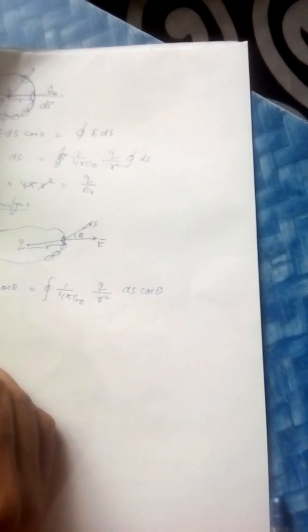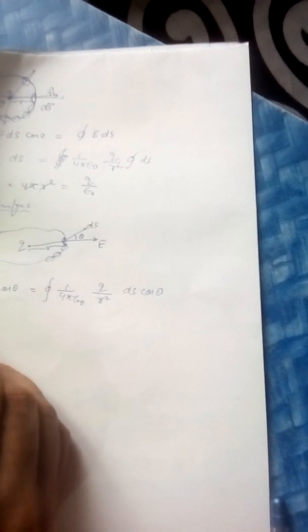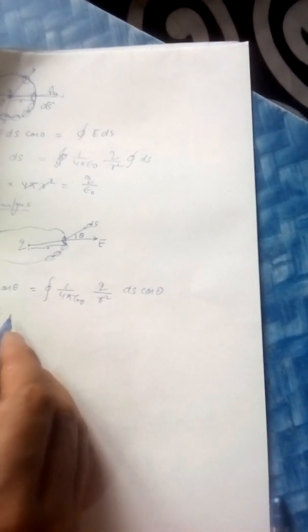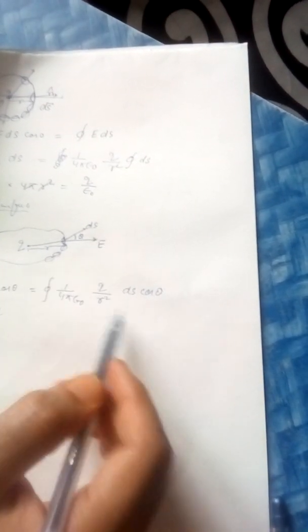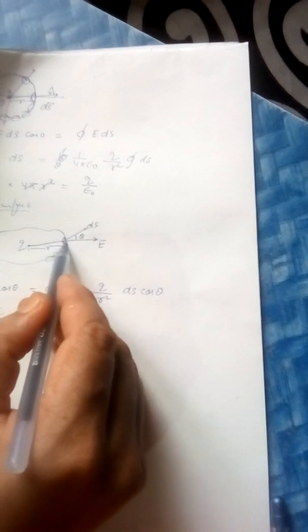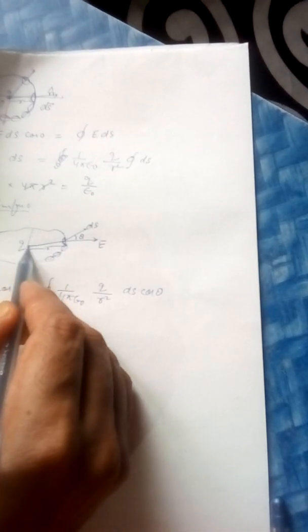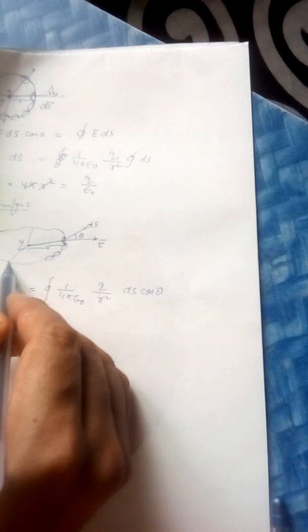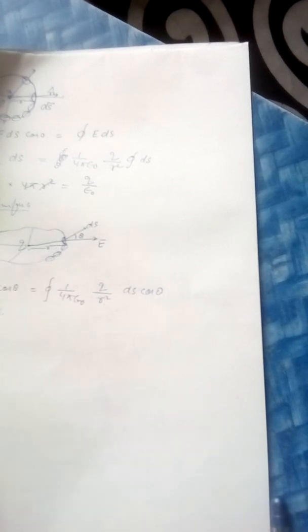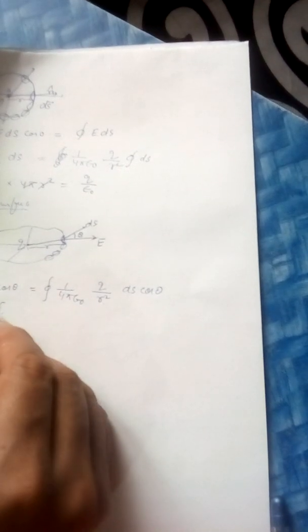So what are constants? We have to take them out: 1 by 4 pi epsilon naught q. Don't take r as common, because suppose this distance is r, this distance will be different, this distance is different, because this is not a regular area. So r here is not a constant.